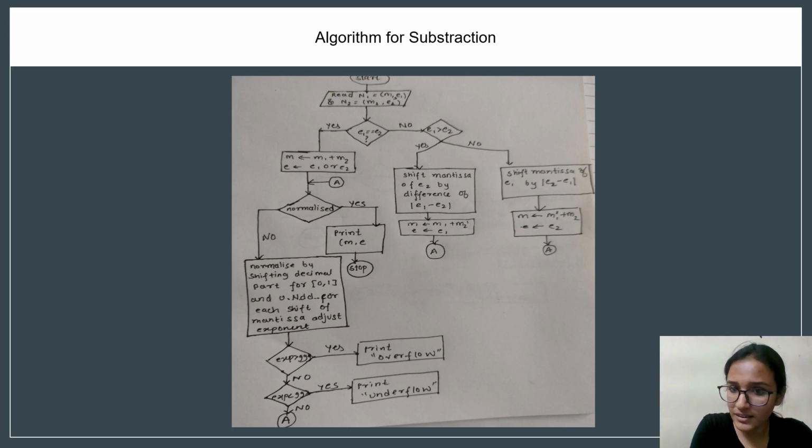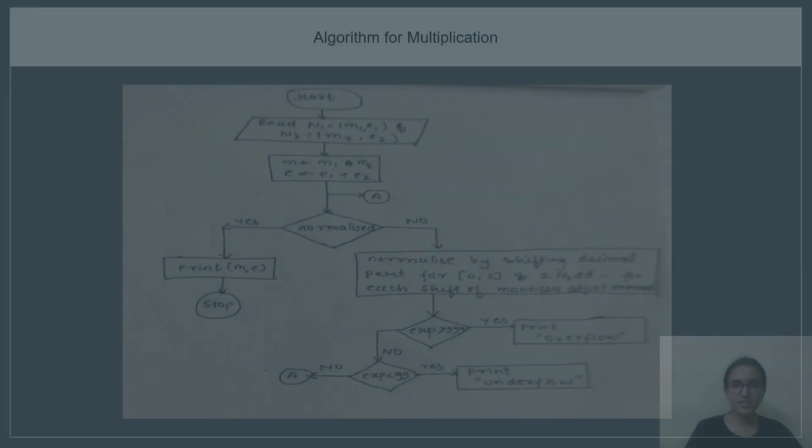That is, if E1 is greater than E2, yes, then we will shift the mantissa of E2 by the difference E1 minus E2, taking the positive value, and then we will add the mantissas M1 and M2, and the exponent will be E1. And then we will check whether the number is normalized. We will print the value, otherwise we will normalize it. So in this way, the flowchart for subtraction is designed.